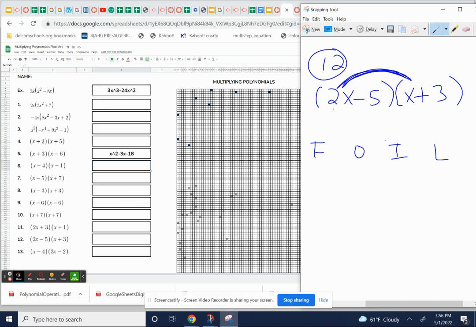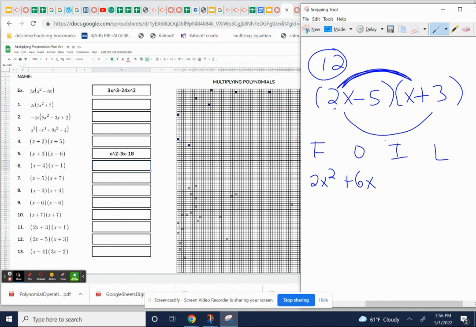This is a little different because there's a 2 sitting in front of that x. So we have 2x times 1x. When I multiply the first ones, I get 2x squared. When I multiply the outside ones, the 2x and the positive 3, that's going to be a positive 6x.